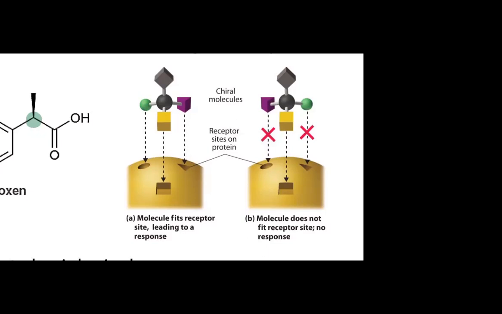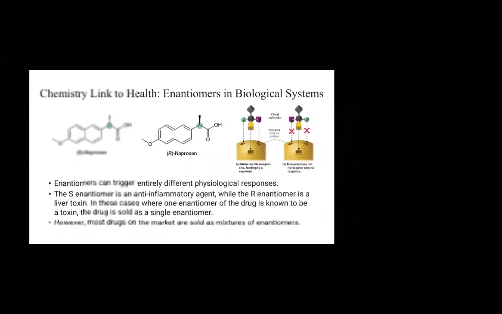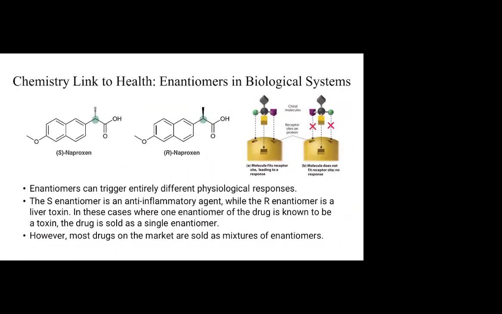So they need to fit the correct receptor in order for these molecules to do whatever they have to do biochemically in the body. And the body cannot take any enantiomer; sometimes it takes a specific one. This is why it's so important that we understand the concept of enantiomers, because as you can see, it has a lot of effects in biological systems.